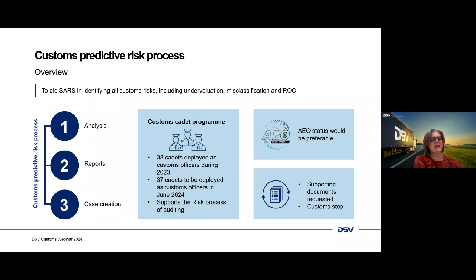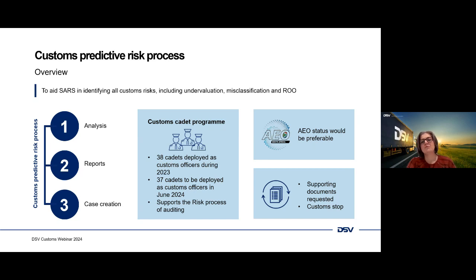The one other area of focus is the customs predictive risk process. This is a project that Customs are focusing on this year in particular. They've already embarked on some of the technology enhancement.